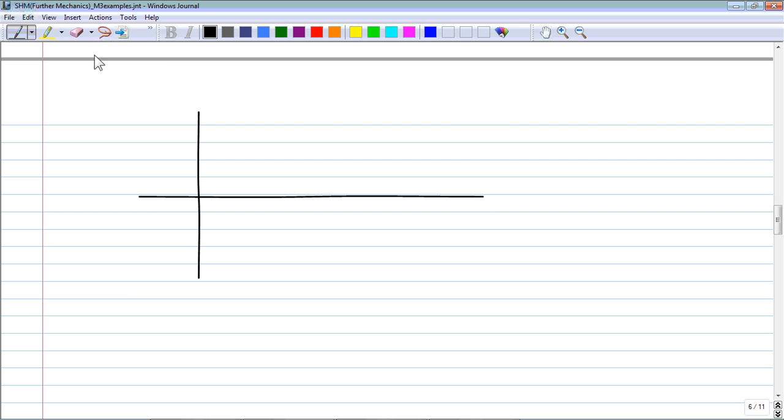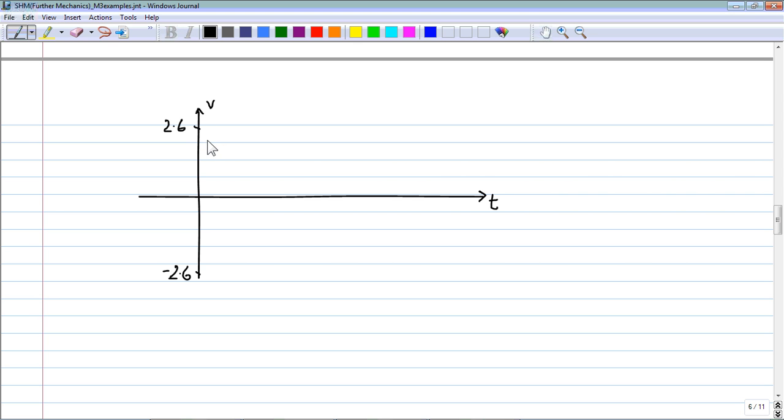So let's see what we can do here. Here's time, here's velocity. Now I know the maximum velocity is 2.6, so obviously the minimum velocity is minus 2.6.